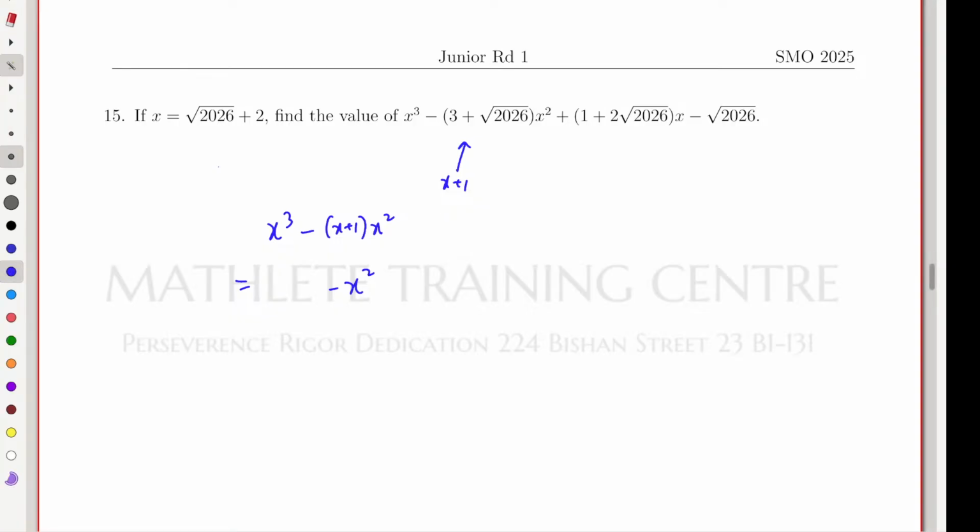Another idea that I'm seeing is that I can try to actually combine these two together and factorize out the x term from both of them. So I can get 1 plus 2 times of this square root minus away x.